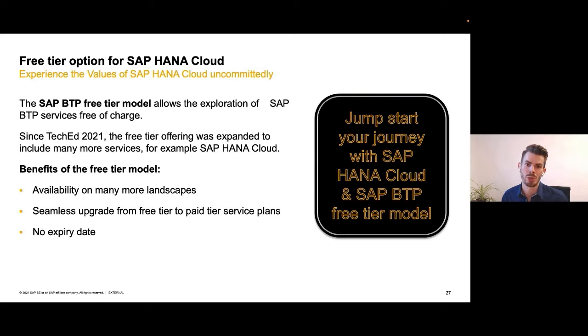And as said, the possibility to seamlessly upgrade from the free plan to the paid plan is definitely also a major difference. And apart from that, last bullet, as you can also see here on the slide, one of the great benefits is that the free tier model is available in many more data centers and landscapes compared to the trial environment. That will be definitely interesting for users that aren't just interested in data centers in the US or in Europe. So that's all about the free tier model for SAP HANA Cloud.